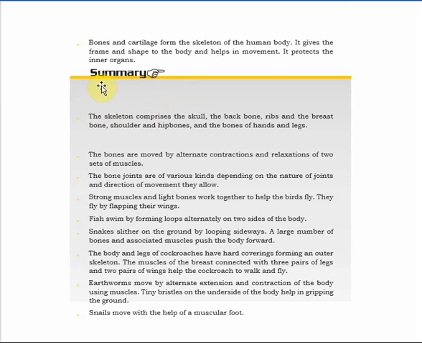So what are the main functions of the bony system or skeletal system? Bones and cartilage form the skeleton of the human body. It gives the frame and shape to the body and helps in movement and also protects the inner organs. Now, the skeleton comprises which parts?